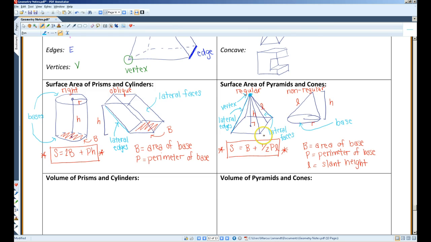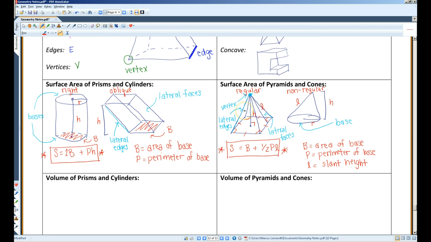A regular pyramid has a regular polygon for the base. Remember, regular means equilateral and equiangular. And the segment joining the vertex, actually let me label. So in this case, it's a square pyramid, meaning the base is a square.